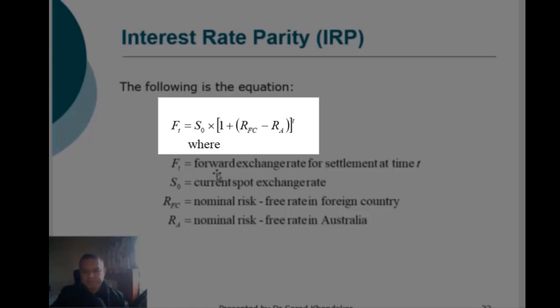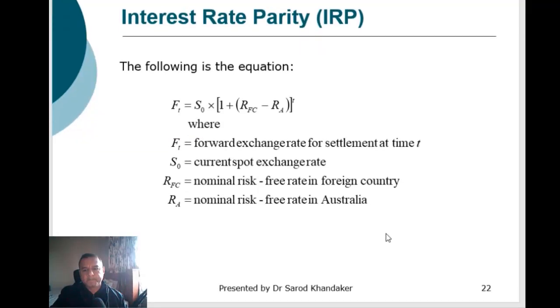FT is the forward exchange rate for settlement at time T. S0 is the current spot exchange rate. RFC is the nominal risk-free rate in a foreign country. RA is the nominal risk-free rate in Australia. Let's look at an example.